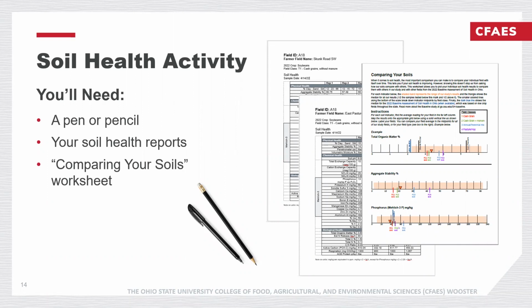The orange triangle represents the median for our study. So half the samples are above and below that. The blue line represents the median for the state baseline, just as a general reference point.